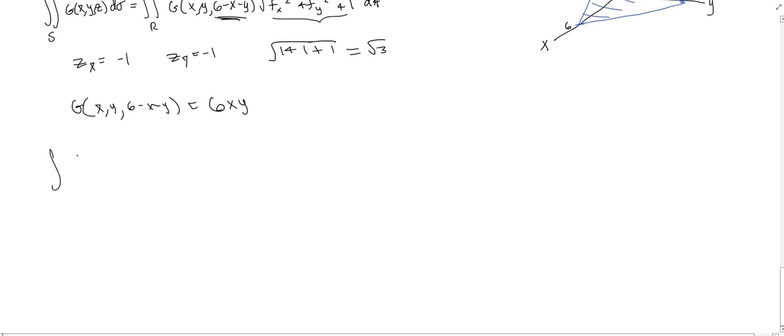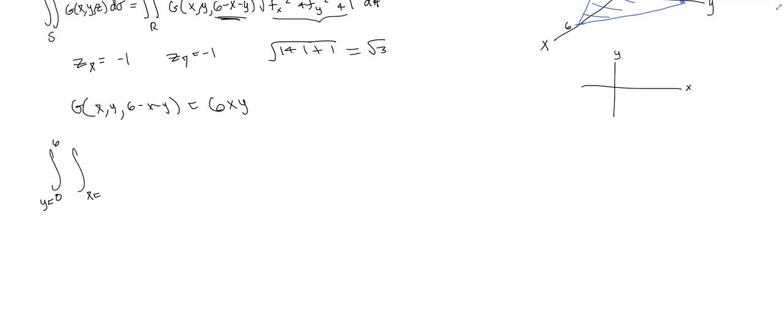Now for our double integral, we're going to have our limits in terms of x and y. So y, we'll go ahead and put that on the outside. But for x, let's go back to our image over here and just draw what would be happening in the xy plane. If we look at the shadow of our surface in the xy plane, it looks like this, where we have 6 here, 6 there.